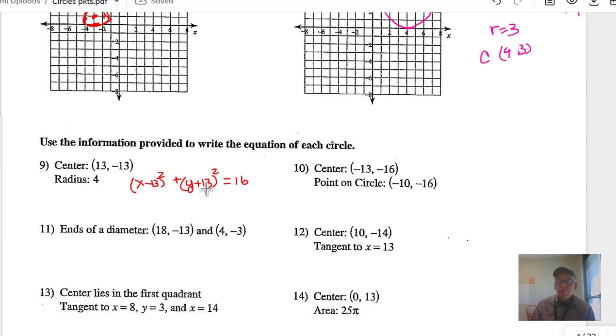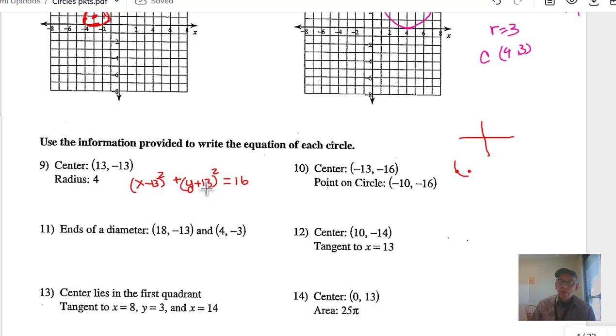Now here we have one a little bit different. We've got a point on the circle at -10, 16. So back 10, down 16, somewhere here, there's a point on the circle, but the center of the circle is at -13, -16.